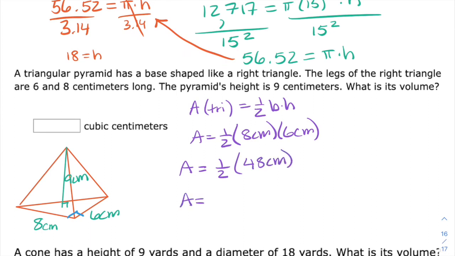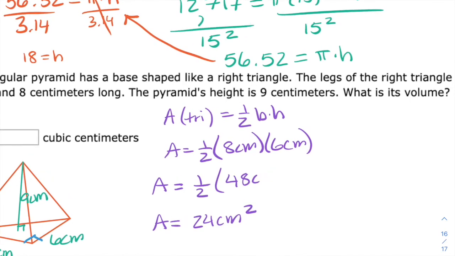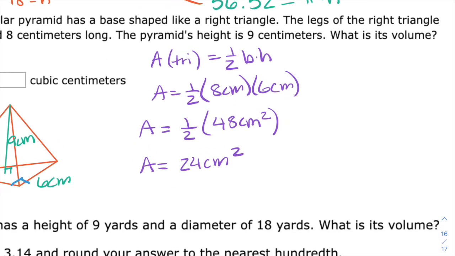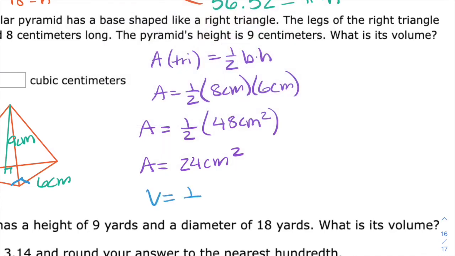So half of that is 24 centimeters squared. And now the volume is going to be 1/3 base times height. So volume is 1/3 times 24 centimeters squared.